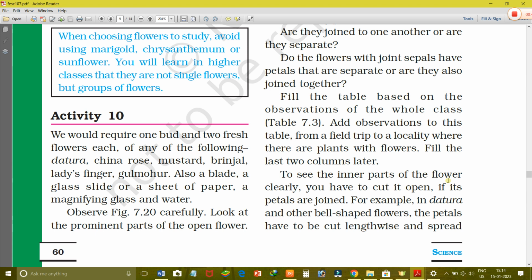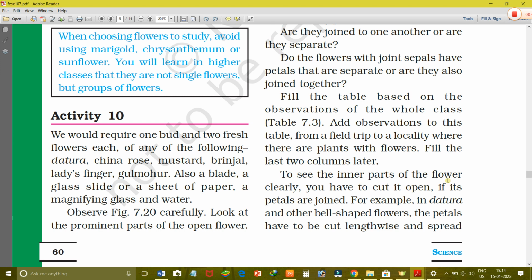To see the inner part of the flowers clearly, you have to cut it open if its petals are joined.